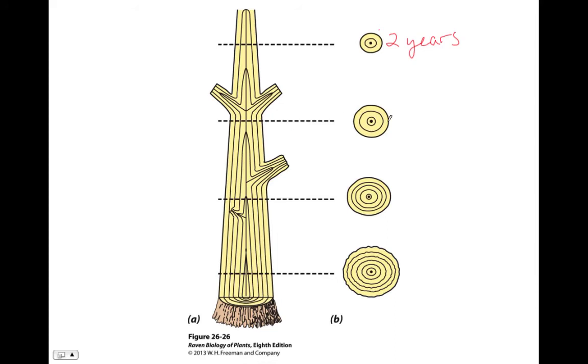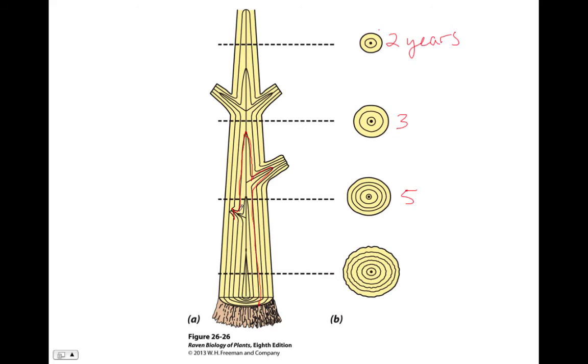If you took it down a little lower, you'd have 1, 2, 3 years. And if you did it down here, we'd have 1, 2, 3, 4, 5 years. And down below, we'd have even more. And this is because at this point in time, this is the outline of the tree that existed after a few years of growth.